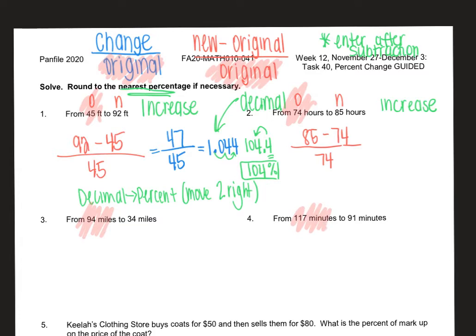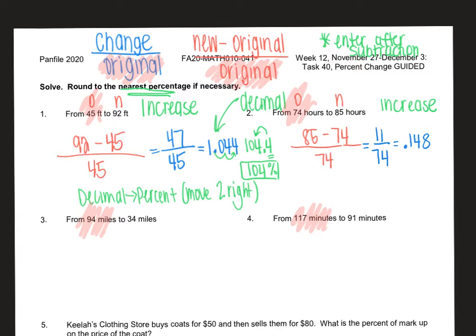Now, I'm going to do my subtraction. So 85 minus 74. I'm going to keep my bottom, so I have 11 over 74, or 11 divided by 74, and this is where I can plug it in my calculator, and I get 0.148. Now, I have to take 3 places after the decimal, and the reason for this is because, again, this is a decimal, and I want to turn it into a percent.